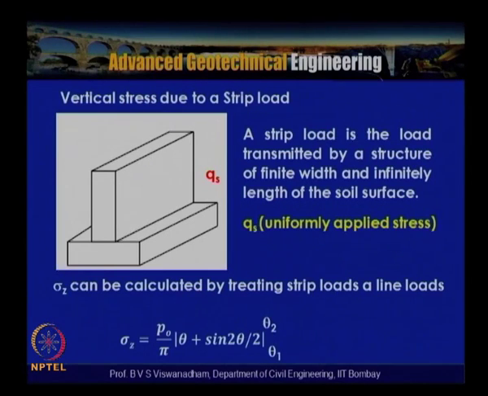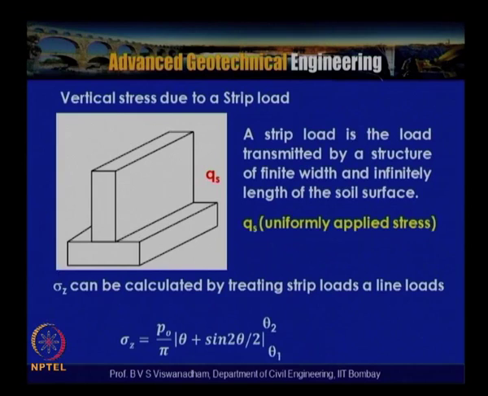So, sigma Z can be calculated by treating the strip loads as line loads. So, sigma Z is equal to p naught by pi times theta plus sin 2 theta by 2, within theta 1 to theta 2. Theta 2 minus theta 1 is equal to theta, depending upon the location of the point of interest.